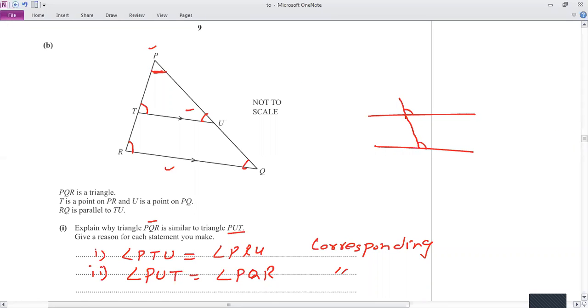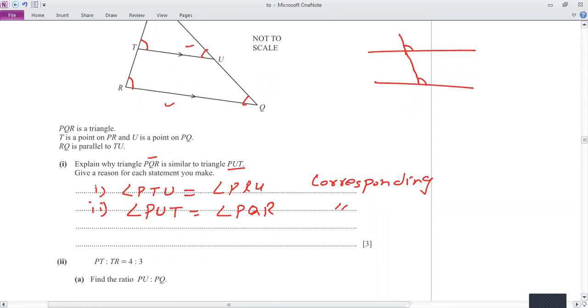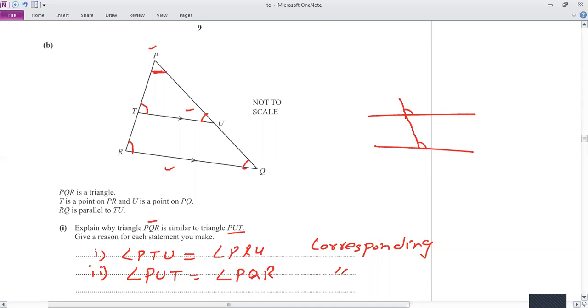We call that a common angle. You can say angle QPR is common. If it is common, it means it is the same for both. So 3 angles are equal. When the 3 angles are equal, what will we say in that situation?